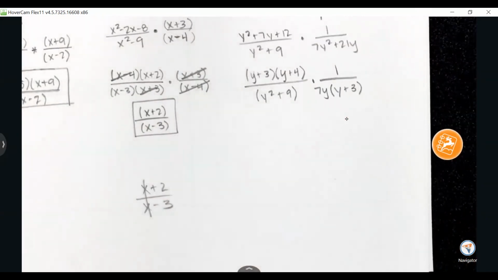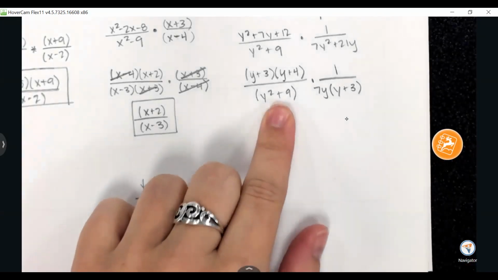Can y squared plus 9 be simplified into 2 factors? No. What in that one symbol in there told you it cannot be simplified? The plus sign, it has to be a minus sign in order to simplify, okay? What do you say, you can't do y plus 3?